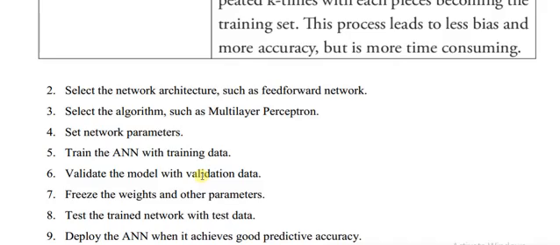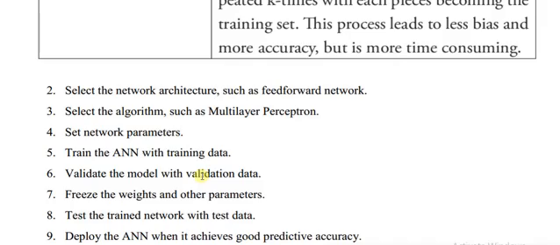Then we train the artificial neural network with the training data. Then we validate the model with the validation data, to minimize overfitting and verify the accuracy. Once we get the appropriate result, we freeze the weights and the other parameters, that is the biases.